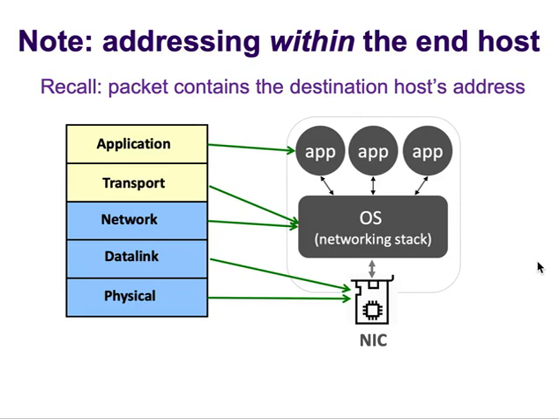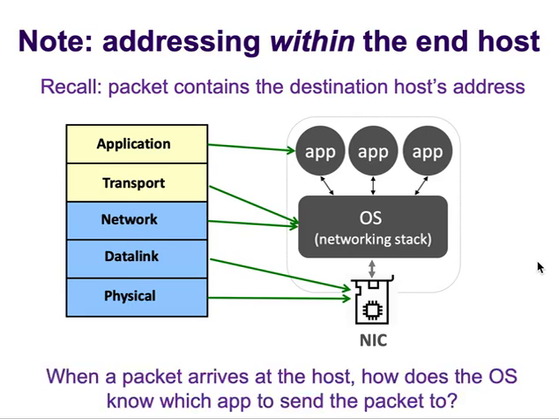Now the packet arrives at the network interface card. Let's say the network interface card raises an interrupt. The operating system then sucks the packet up into the OS from the NIC, and now the packet is sitting at the operating system. When this packet arrives, how does the operating system know which application it should hand this packet to?